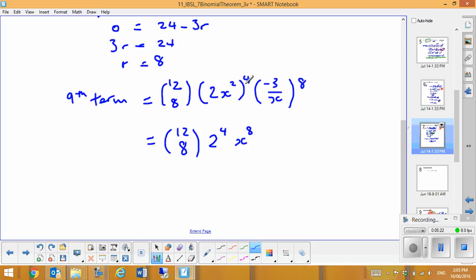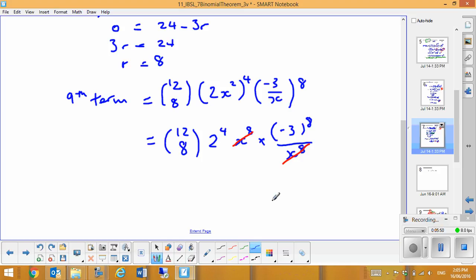So don't forget the power of 4 acts on the 2, times, don't get your x's and times mixed up, minus 3 to the 8th. That goes in brackets because it'll need the negative dealt with, x to the 8th. And that's where we can now see that the 8's cancel because we've got one x to the 8th in the numerator, one in the denominator.